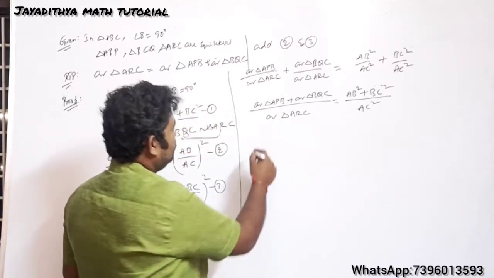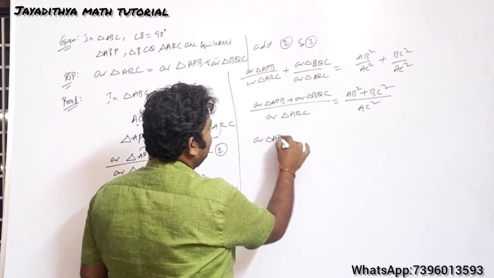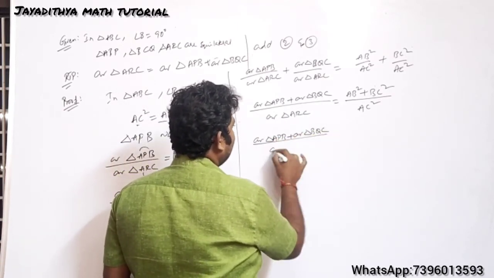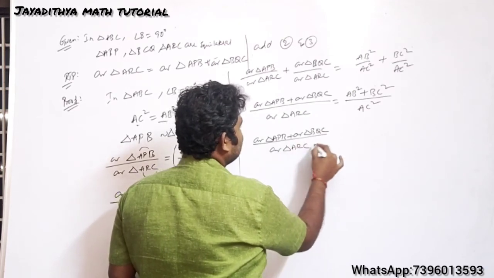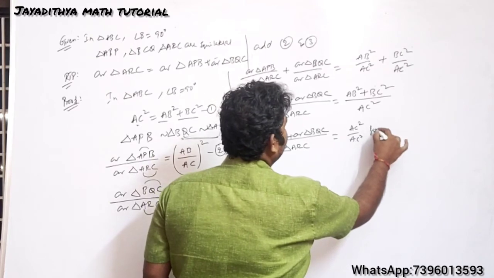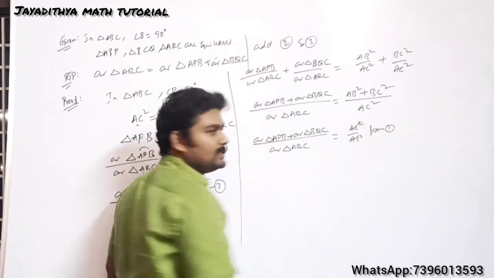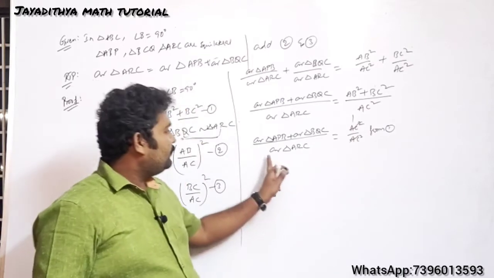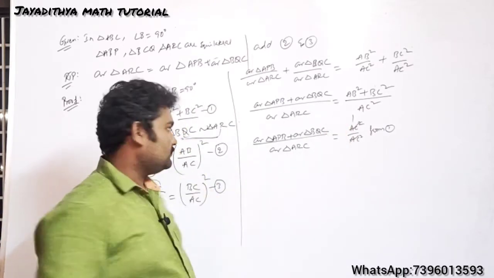So substitute there. So area of triangle APB plus area of triangle BQC by area of triangle ARC is equal to AC square by AC square from equation 1. So you can cancel these two and you will be left with 1. Right. So if you take area of triangle ARC to the RHS, what happens here?